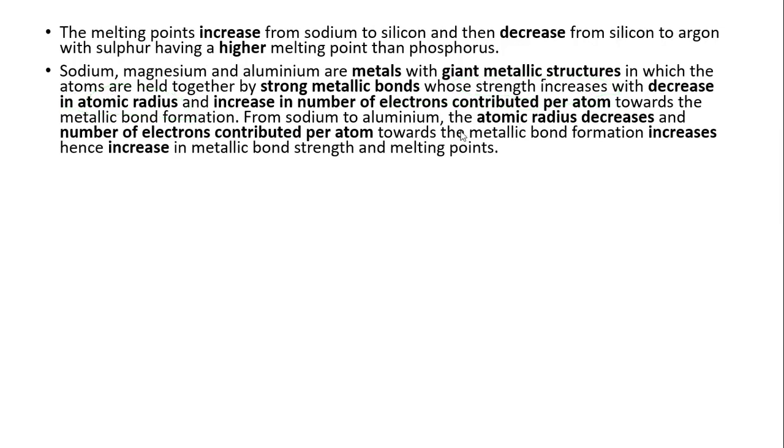And here we are seeing that from sodium to aluminum, the atomic radius is decreasing, which means it is increasing the strength of metallic bond. And also the number of electrons contributed per atom towards metallic bond formation from sodium to aluminum is increasing, still increasing the strength of metallic bond. So that's why from sodium to aluminum, the metals of period 3, the melting point is increasing.